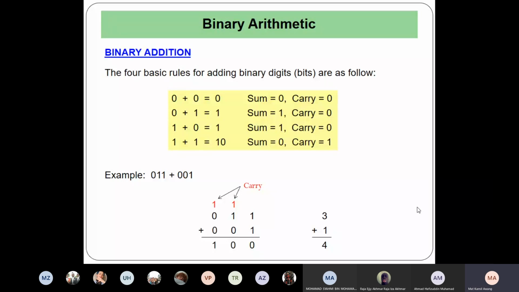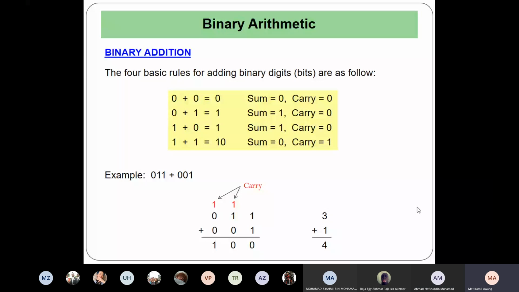First one is binary addition. So how do you add binary digits? A binary digit is called a bit. There are 4 basic rules for adding binary digits.